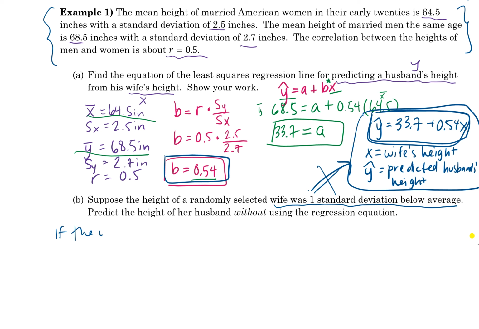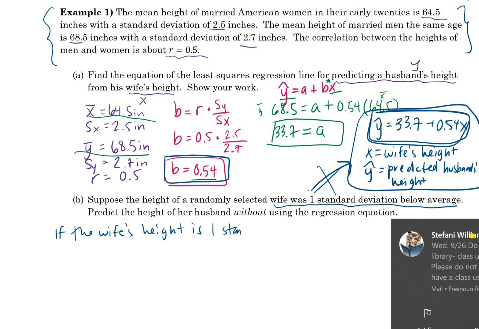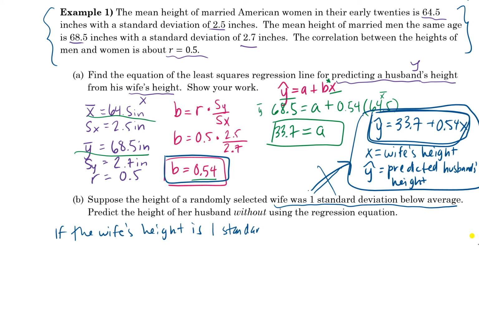So if the wife's height, and you don't necessarily have to write this, I'm just writing this for your edification so that you know. So if the wife's height is 1 standard deviation below average, we expect the husband's height to also be 1 standard deviation below average.